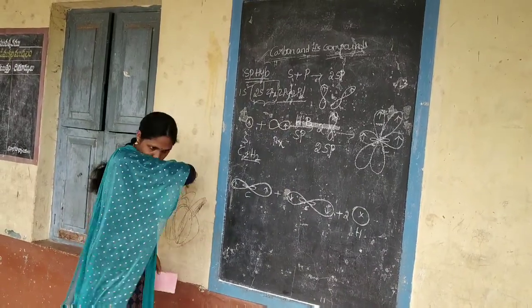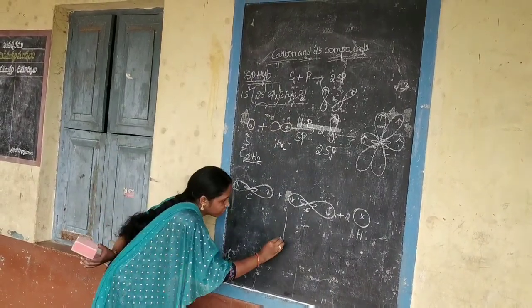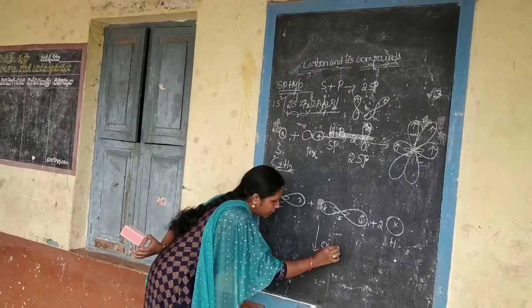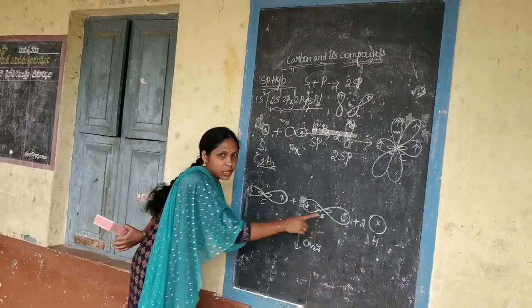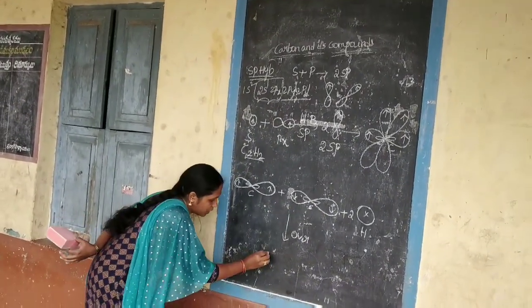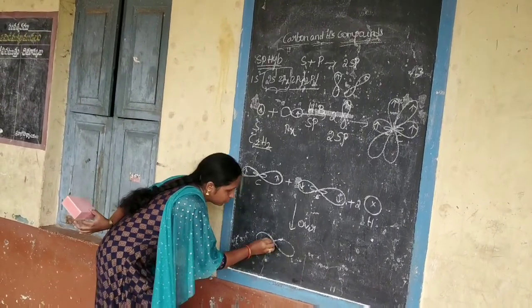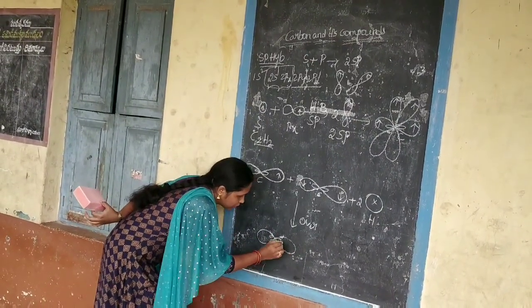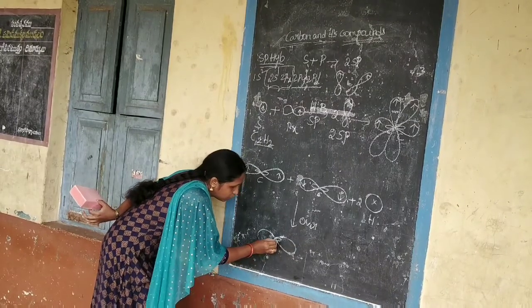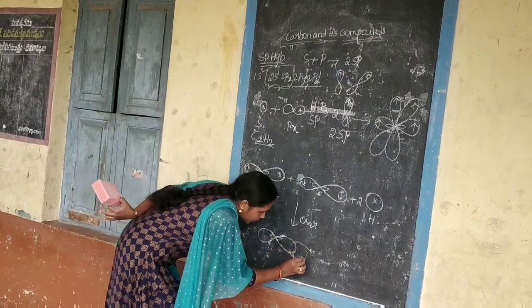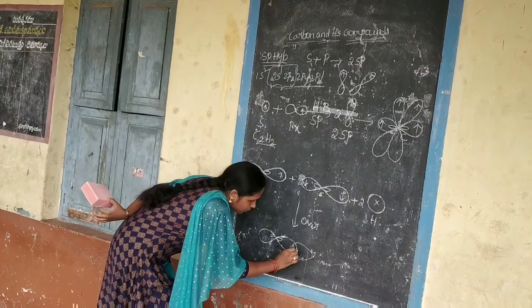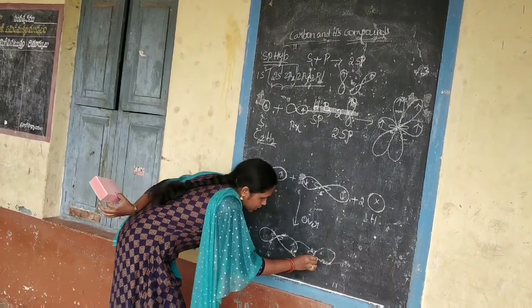After that, write down the overlapping diagram. First, write down the overlapping of hybrid orbitals. Take two hybrid orbitals of one carbon, and the hybrid orbital of one carbon overlaps with the hybrid orbital of the other carbon and forms a sigma bond.